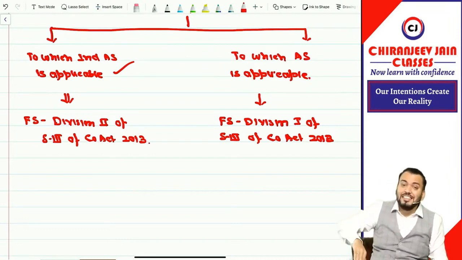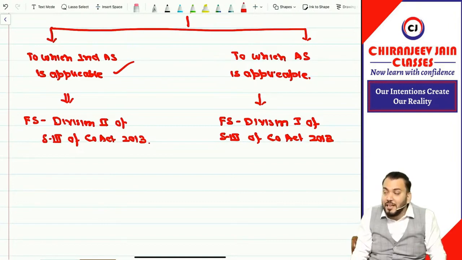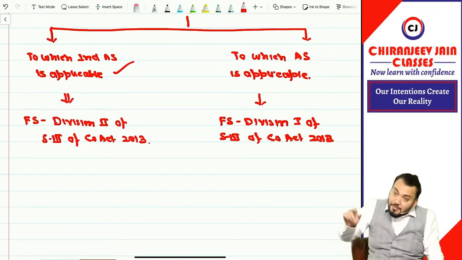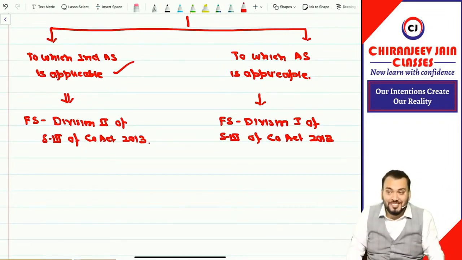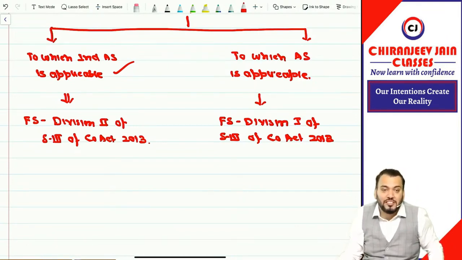So what is Division 3? Division 3 is applicable to NBFC. NBFC means Non-Banking Financial Company, to which Ind AS is applicable. And NBFC is not in our syllabus. If NBFC is not in our syllabus, they will not ask any question on that.